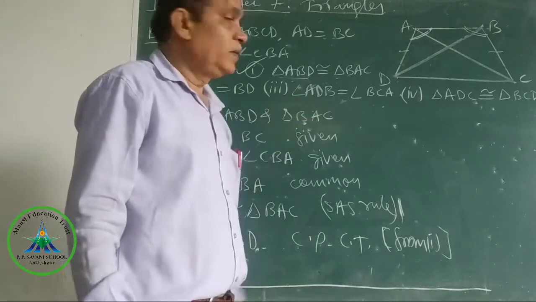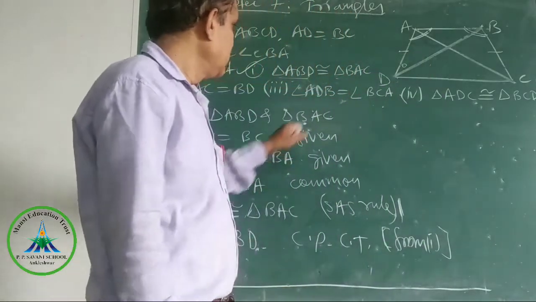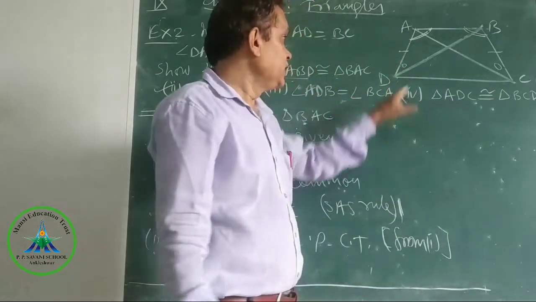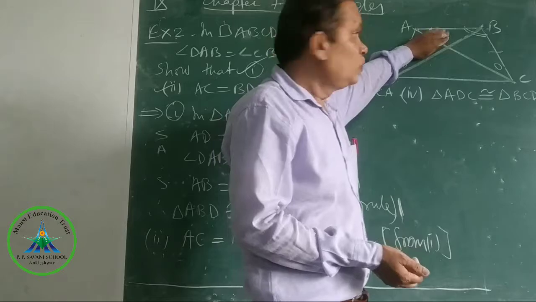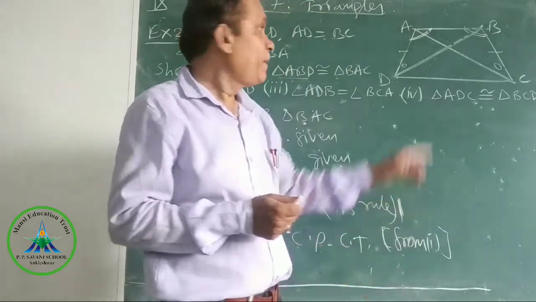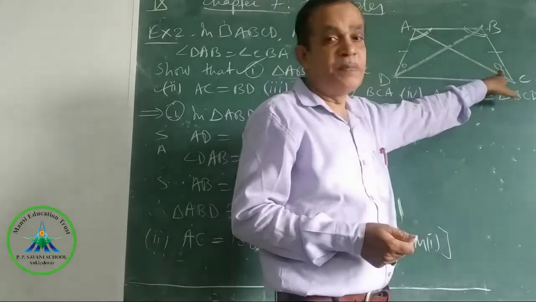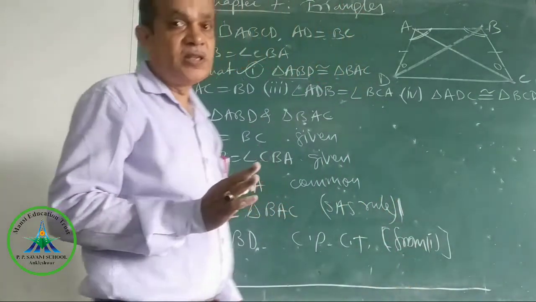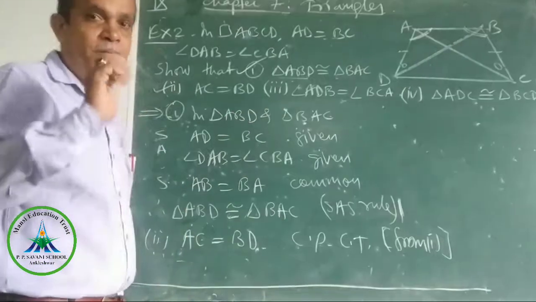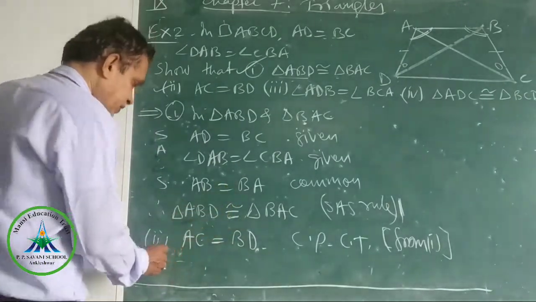Now the third: angle ADB in this triangle, and angle BCA in triangle BCA. We proved this triangle congruent to this triangle, therefore its corresponding angles are also equal. Once you prove these two triangles congruent, the second and third are clearly readable as corresponding parts of congruent triangles.